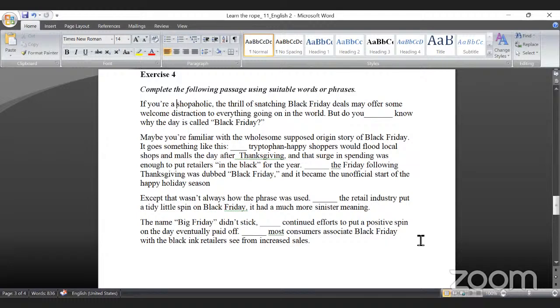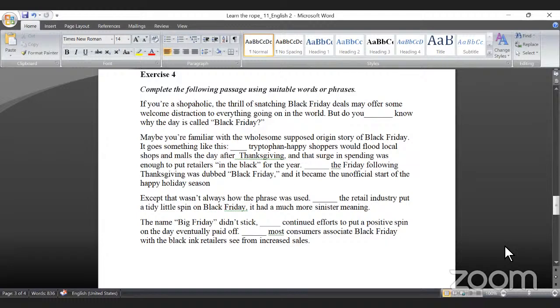The name Big Friday didn't stick, dash, continued efforts to put a positive spin on the day eventually paid off. But continued efforts to put a positive spin on the day eventually paid off. Okay.